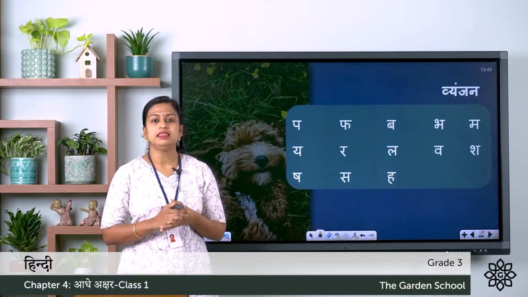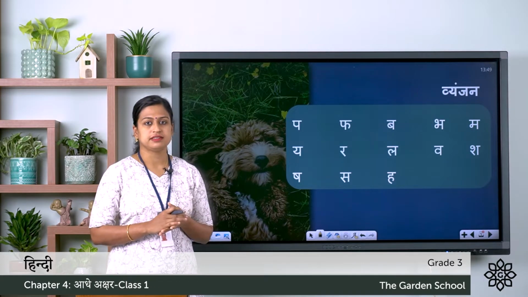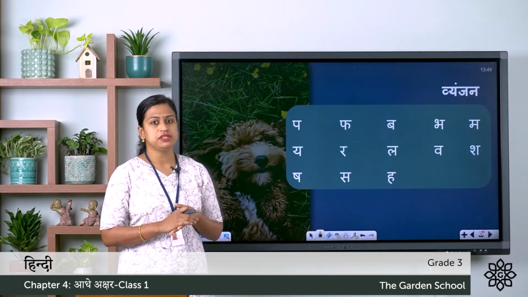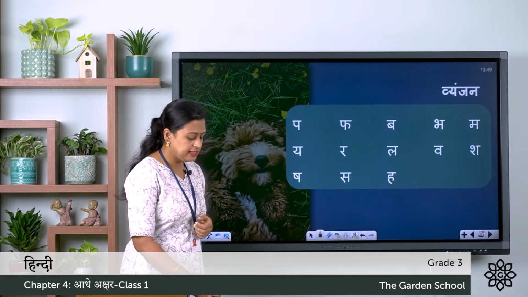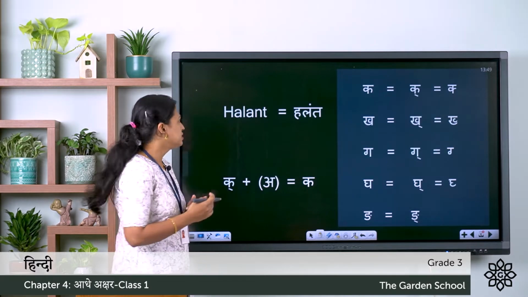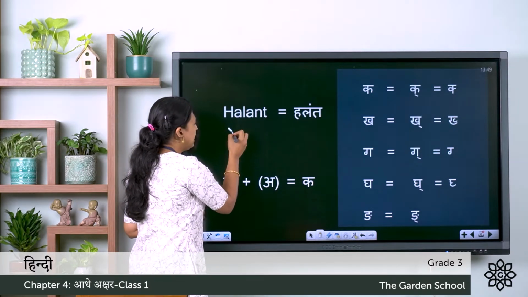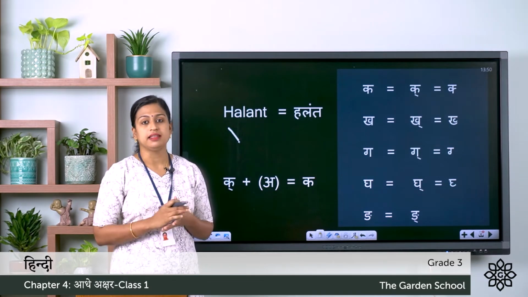Now in this chapter we will be discussing the half letters. All these Vyanjanakshar have a half letter form. First we will discuss a symbol. This symbol, a slant line, is known as halant.